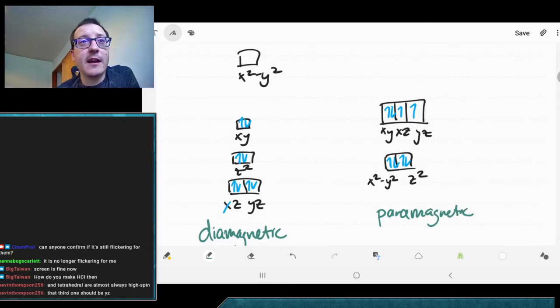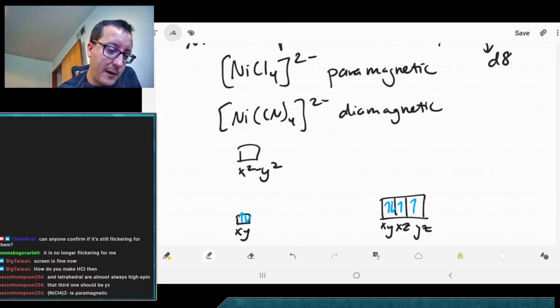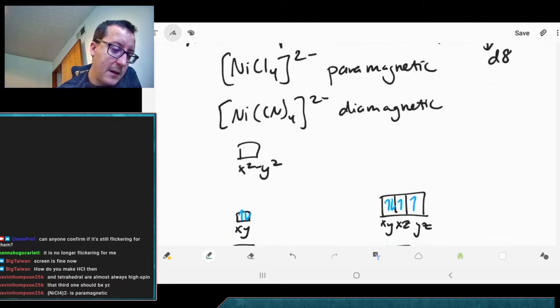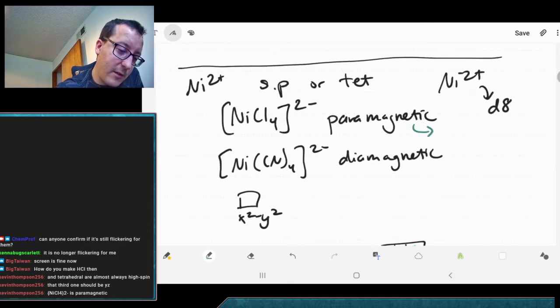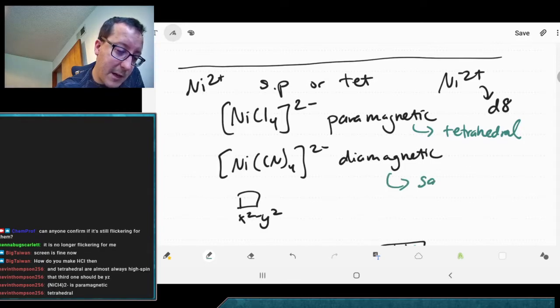As we filled those 8 d electrons in here. And so, if we're told that the chlorine one is paramagnetic, that one must be tetrahedral then. And if the cyanide one was diamagnetic, then that must be our square planar complex.